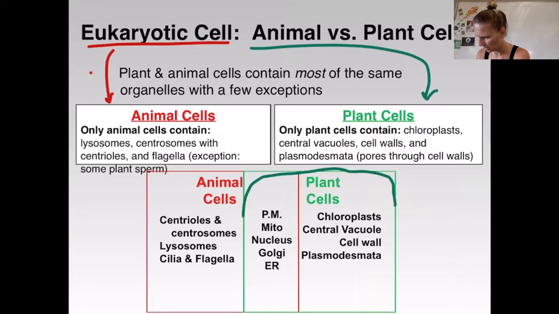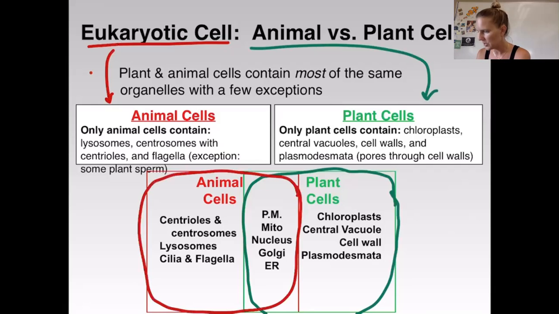So here, I'm just going to draw a little Venn diagram. So this is showing the plant ones, and here we're showing the animal ones. In this region here in the center, you can see that this is the region that is overlapping. So all cells, again, have plasma membrane, and in eukaryotic cells, they are all going to have a mitochondria, a nucleus, a Golgi apparatus, and an endoplasmic reticulum.